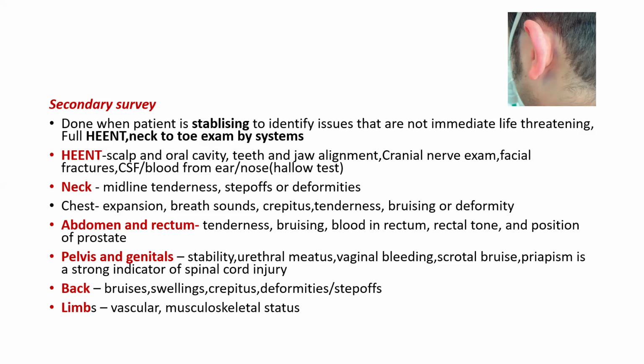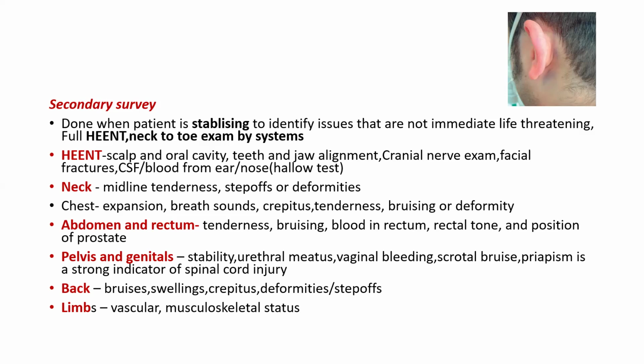If you're having equal air entry, you are palpating for crepitus, which could indicate a pneumothorax. You are looking for tenderness, maybe due to rib fractures. You're looking for bruising or any deformities that you can see.